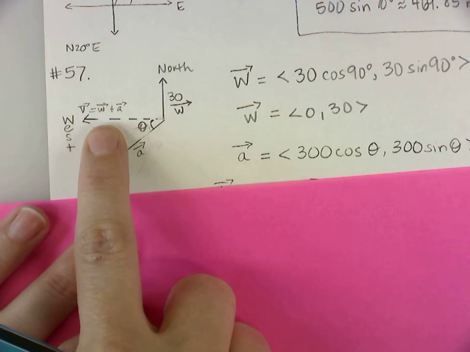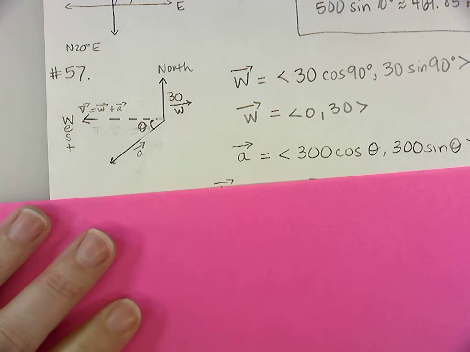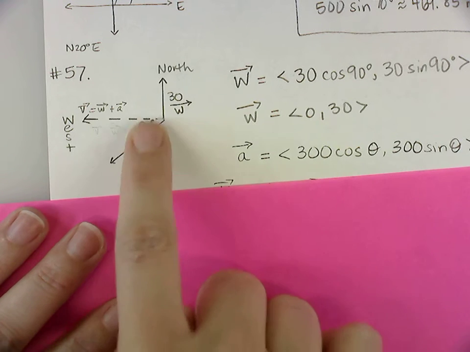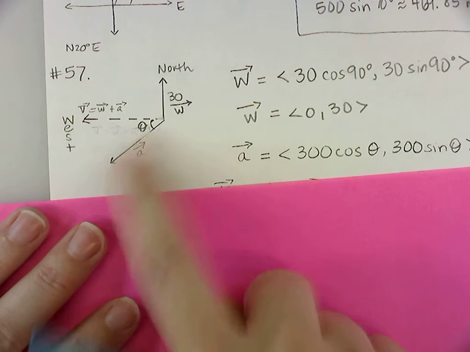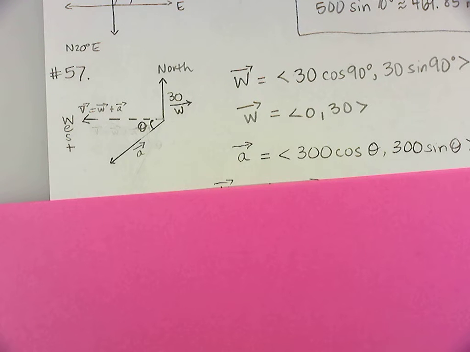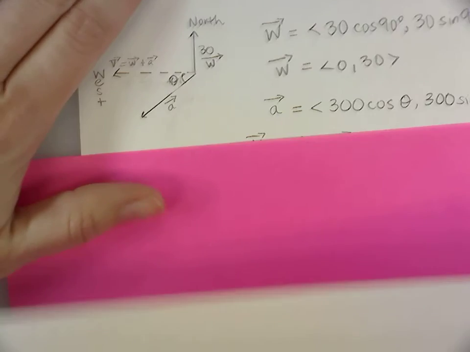This is my true velocity. That's why I have it dashed. And then I don't know what direction I'm going to be heading, so I just drew this to represent the airplane, and this is going to be my theta value. Now, I'm going to go over how you know where to put your arrow, because that's really going to help you when you're writing your bearings and your final answer, okay?